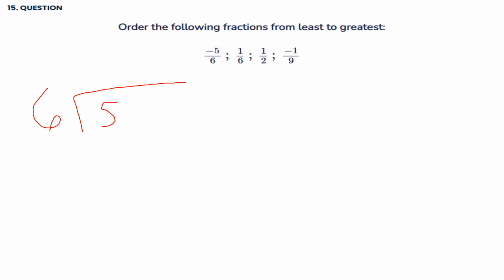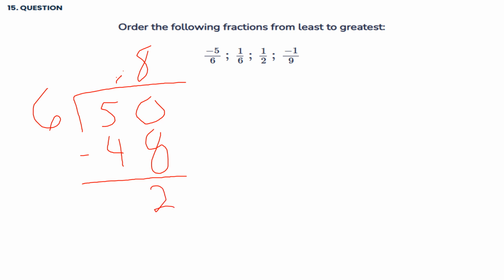So 6 can't go into 5 evenly. So we need to add a 0, and when we add that first 0, we need to put a decimal point up at the top. 6 can go into 50 8 times. 8 times 6 is 48. We subtract 48 from 50, that gives us 2.